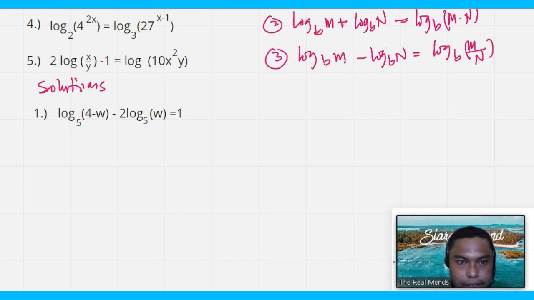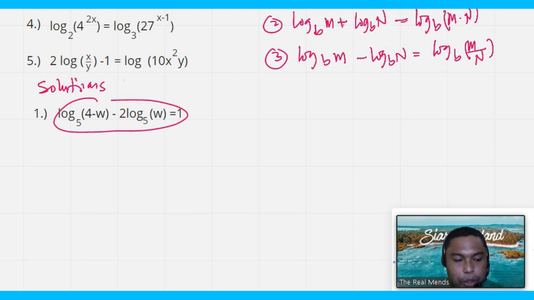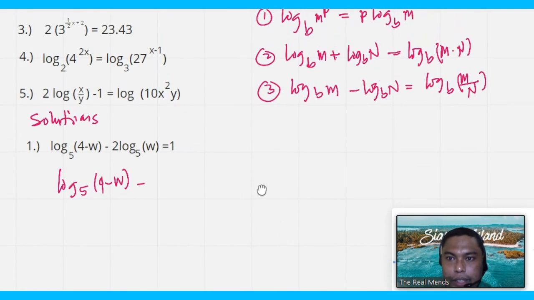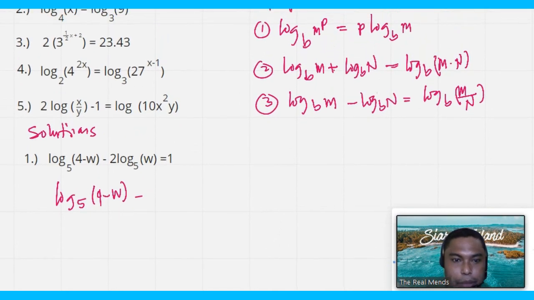For this problem, we're going to copy the first term, log base 5 of 4 minus w, and for the second term, I use properties number one: log base b of m to the p is just equal to p log base b of m.